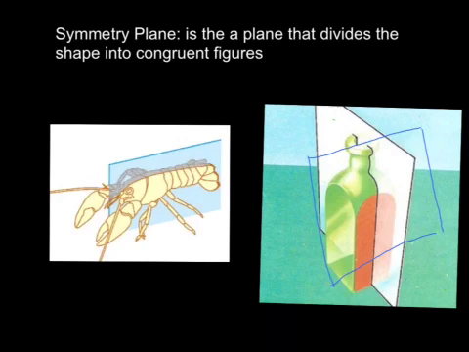Another way would be if you went from a corner to a corner. So if we have our plane going like this, we're going to have a plane going across like that. So there are multiple symmetry planes for the milk bottle. This side is going to be the same as the other side.